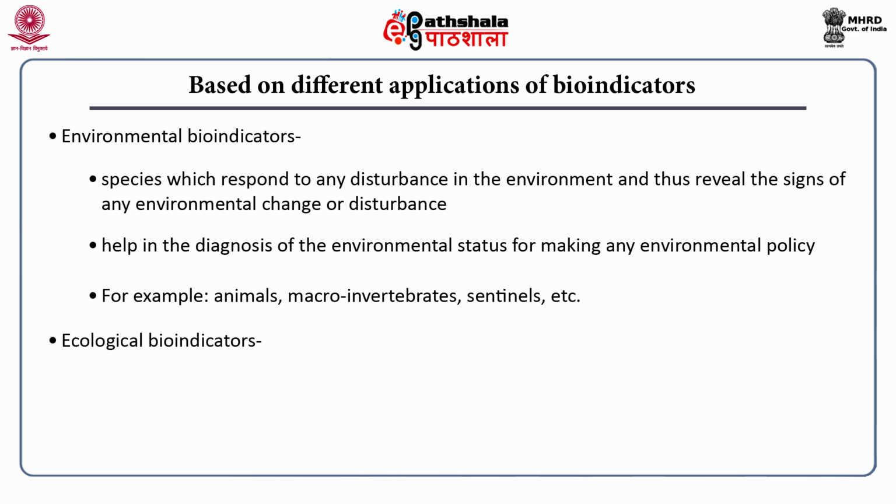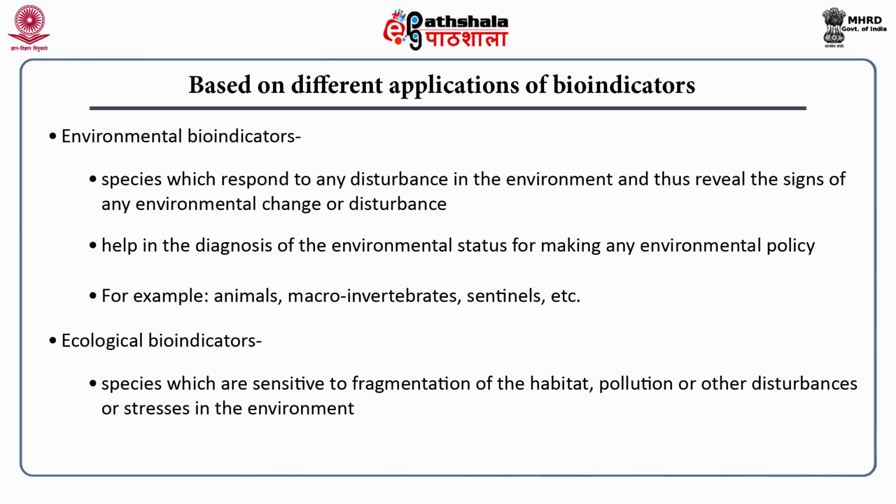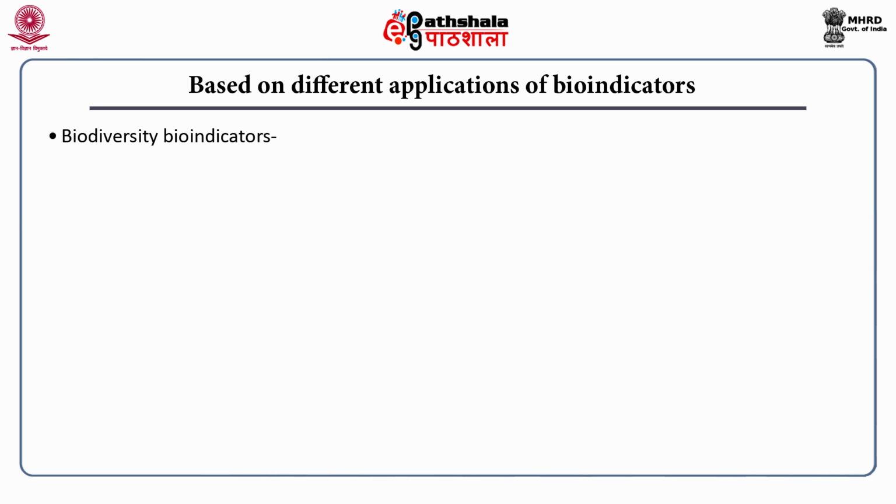Ecological bioindicators. These are the species which are very sensitive to fragmentation of the habitat, pollution, or other disturbances or stresses in the environment. For example, lichens, plant indicators, etc. Biodiversity bioindicators.